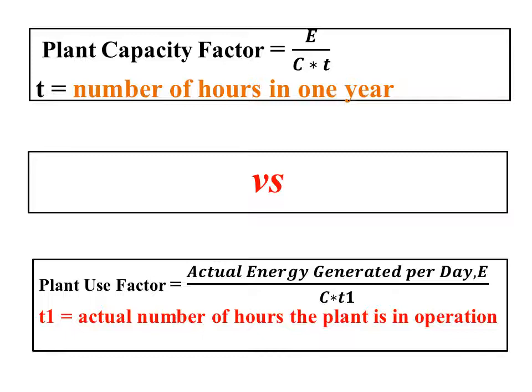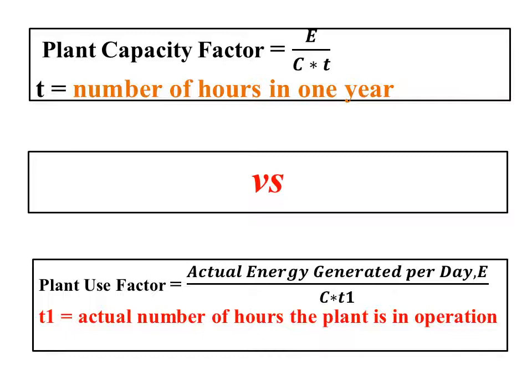On this slide you can see the difference between plant capacity factor and plant use factor. In both factors the numerator is the same, capital E, that is actual energy generated per year, but there is a difference in the denominator.